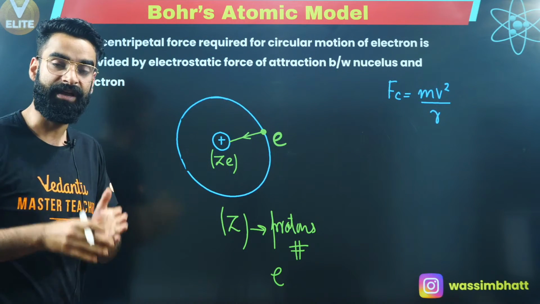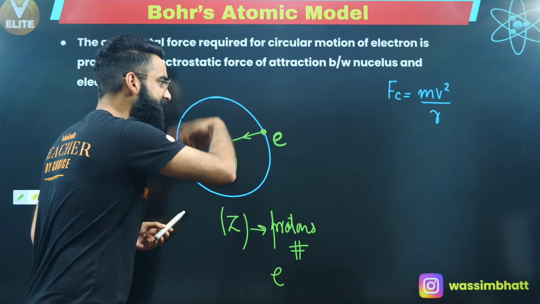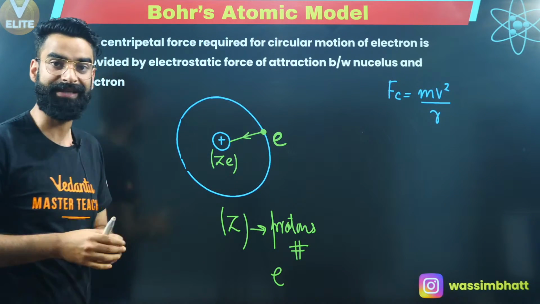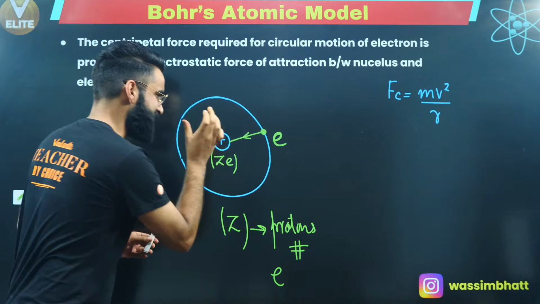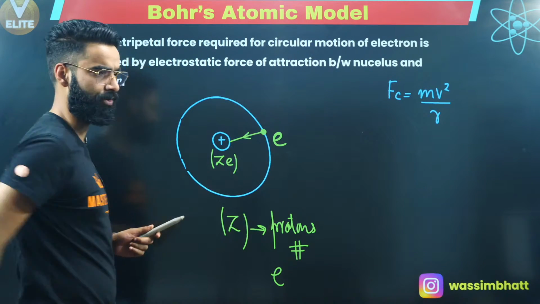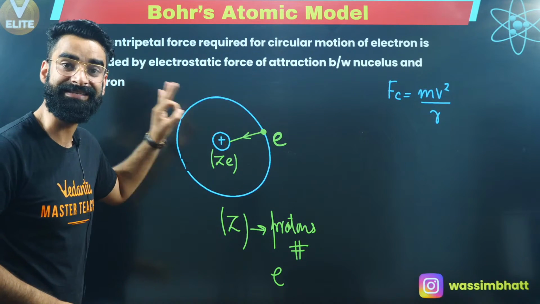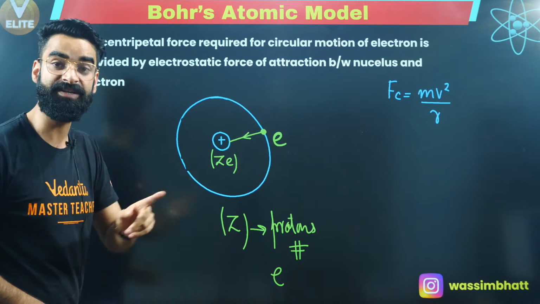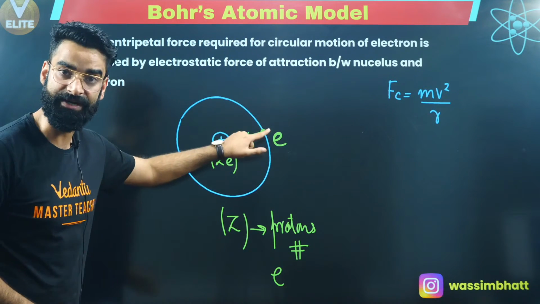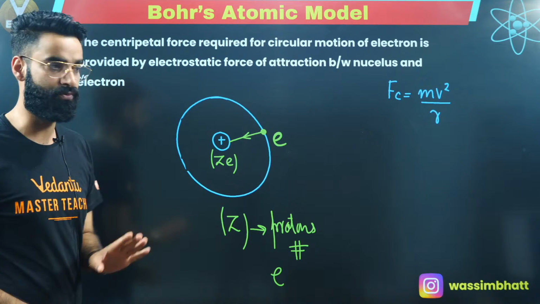At the same time, if I ask you what is the cause of that centripetal force which is making this electron move in a circular path, the cause of that centripetal force is basically the electrostatic force of attraction between the nucleus and the electron. So basically I must say the necessary centripetal force required for the electron to move in the circular path is provided by electrostatic force of attraction.